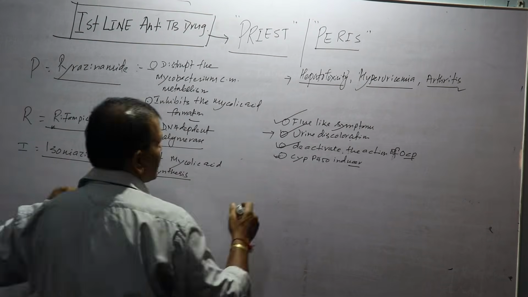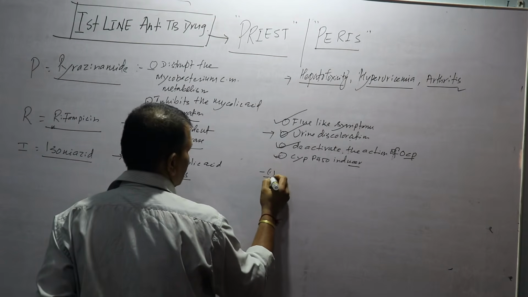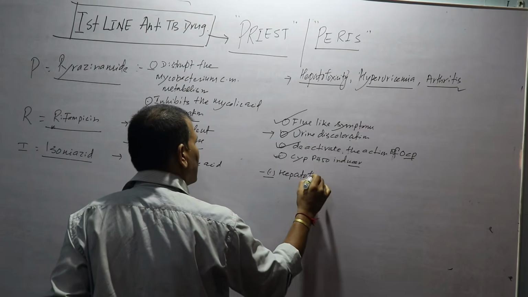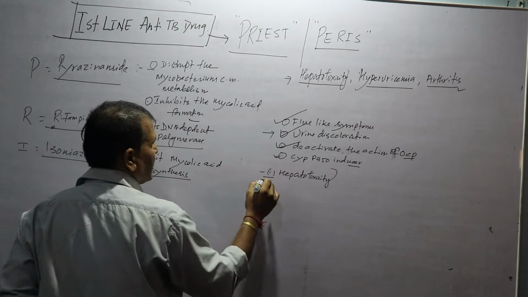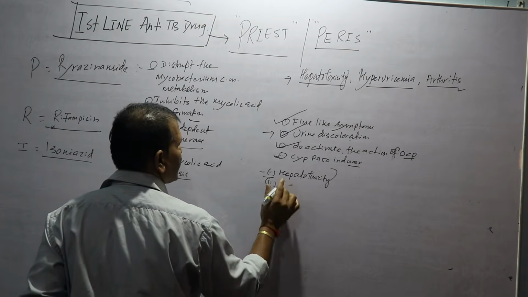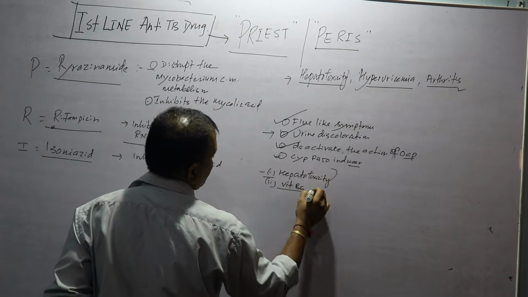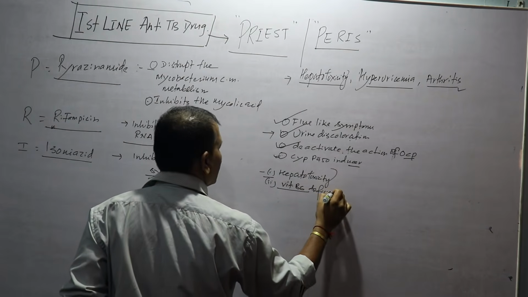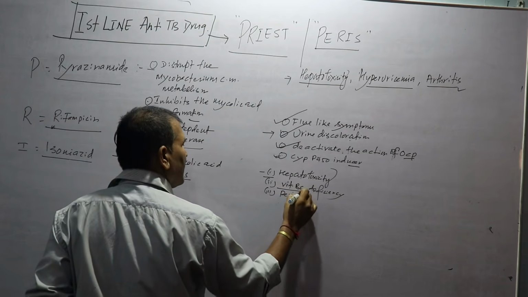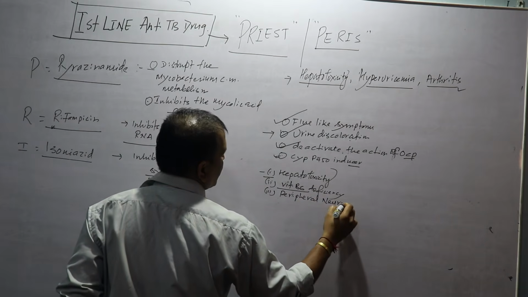The common side effects of isoniazid: first, number one, hepatotoxicity. Second, it causes vitamin B6 deficiency, and that leads to peripheral neuropathy.